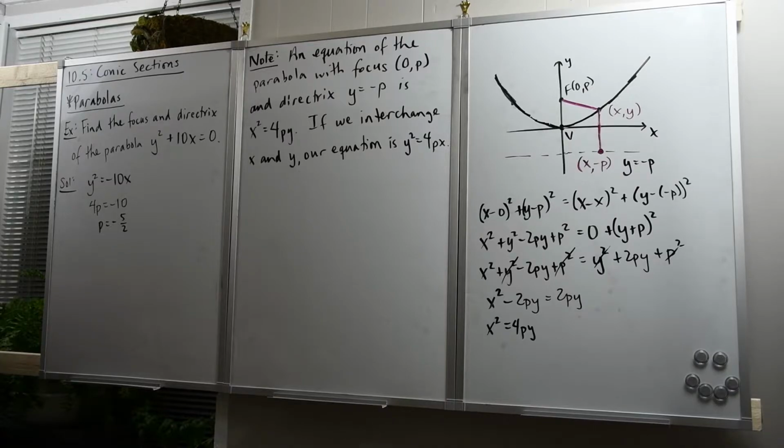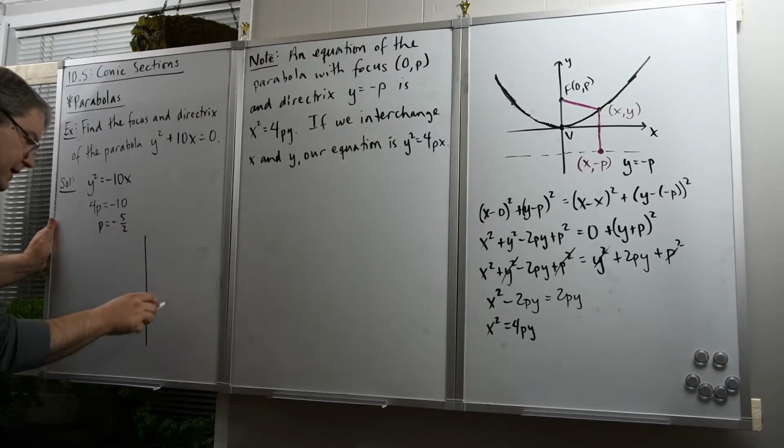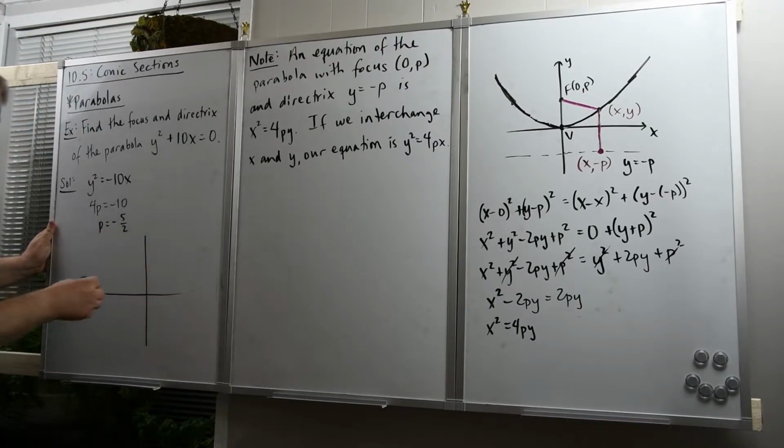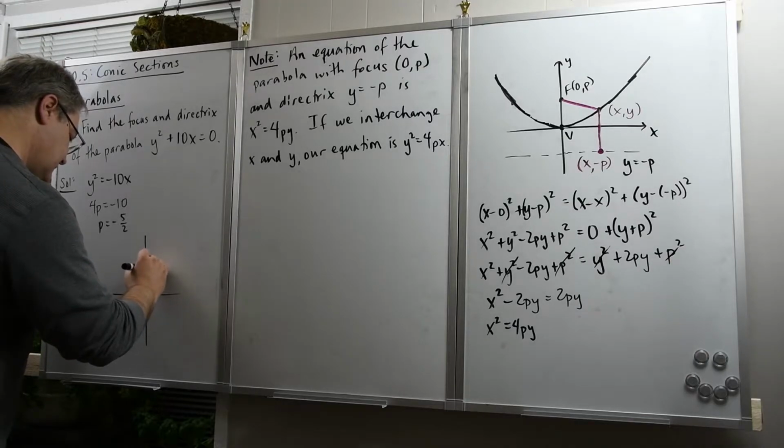We need to figure out where the focus is and where the directrix is, and this is going to tell us the information that we need. And so if we were to take a look at some sort of diagram where we end up drawing this parabola, we're going to have a picture that looks something like the following.